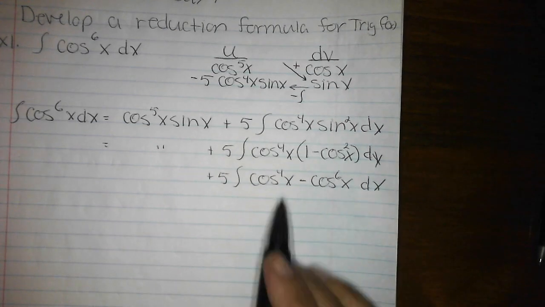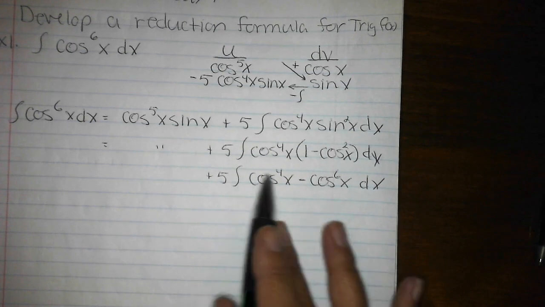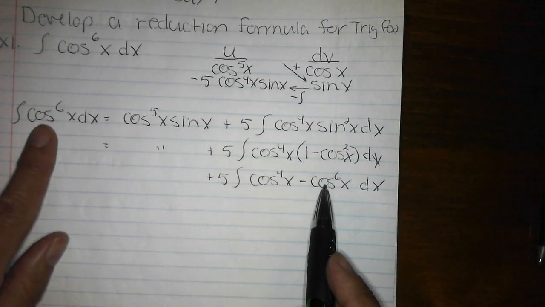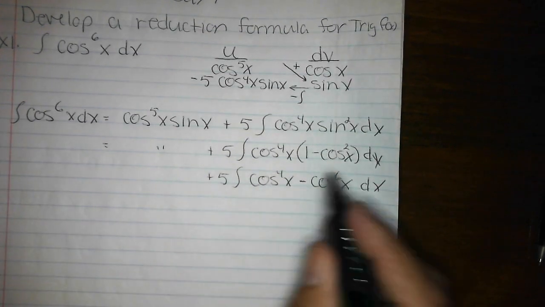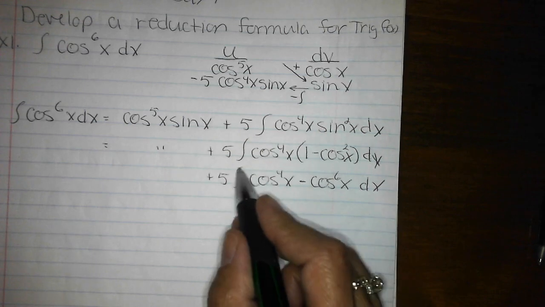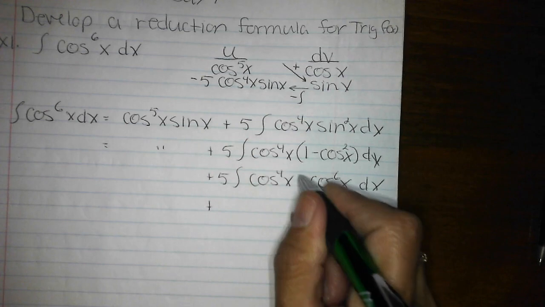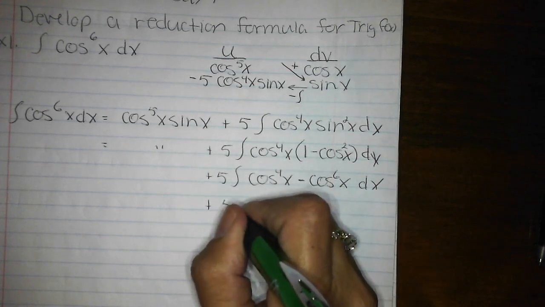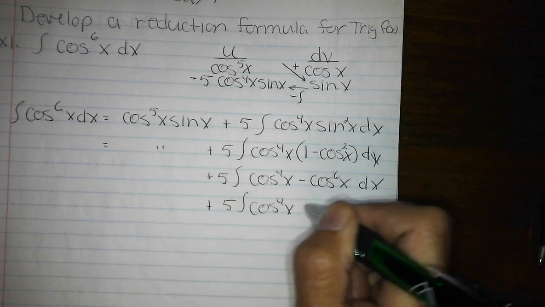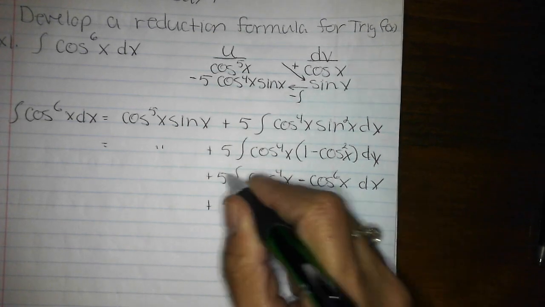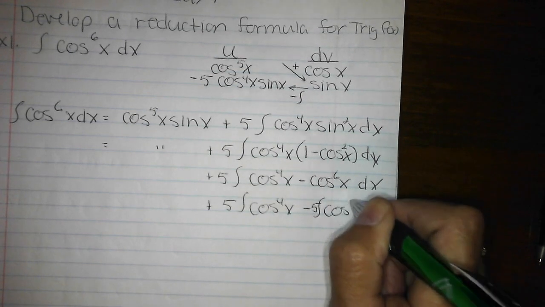And now what I want to do is, there's 2 separate terms here. I want to distribute the integral to both of them, because you can see I've got a cosine to the 6th over here, and I'm going to combine these. So this would expand to 5 times the integral of cosine to the fourth minus 5 times the integral of cosine to the sixth.